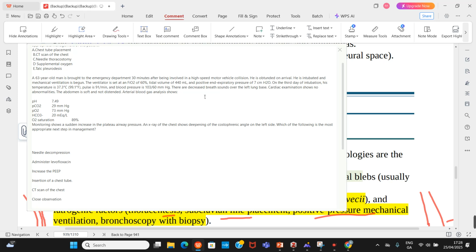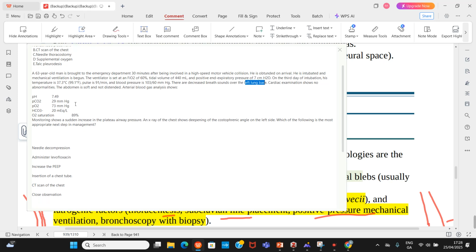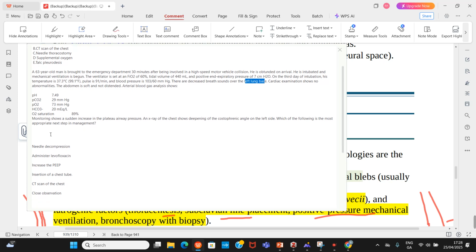There are decreased breath sounds over the left lung base. Cardiac examination shows no abnormality. The abdomen is soft and non-distended. These are the ABG results. Monitoring shows a sudden increase in the plateau airway pressure. X-ray of the chest shows deepening of the costophrenic angle on the left side. Which of the following is the most appropriate next step in the management?